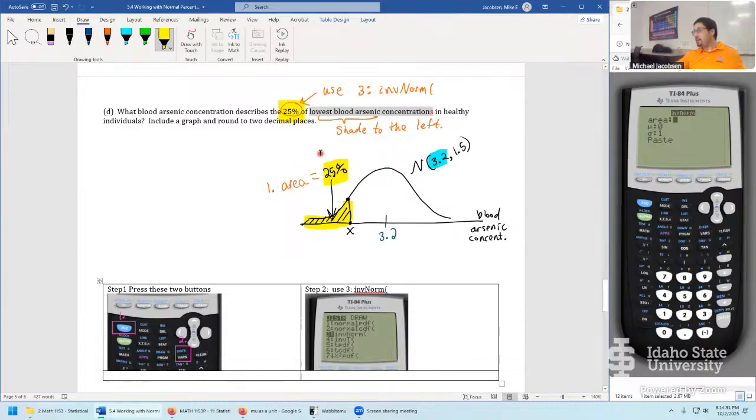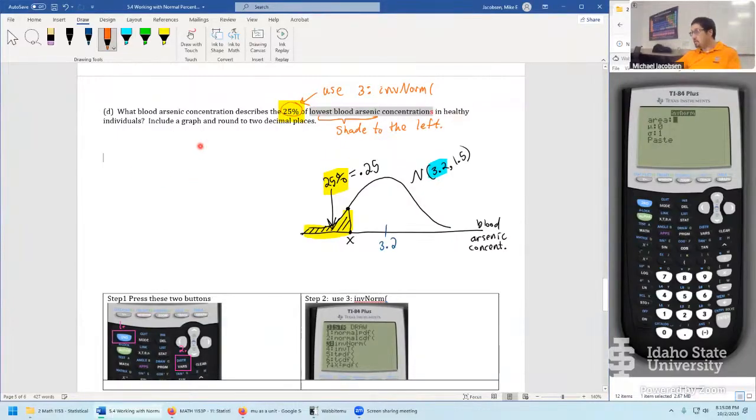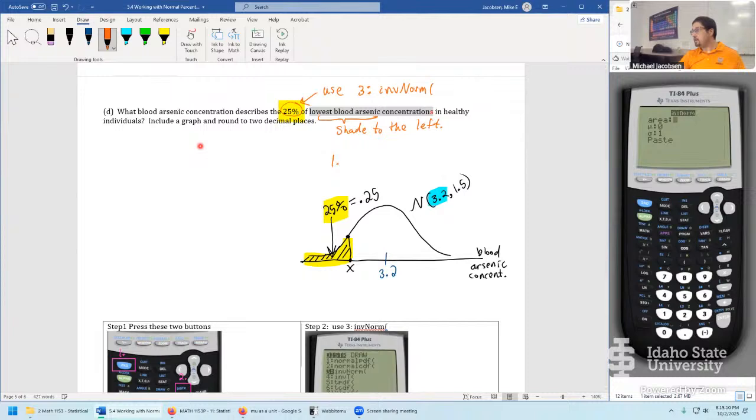So another thing that's weird here, that area has to be a decimal number, 0.25. So this is what actually goes into the calculator. Let me rewrite this number here. So input 1 for area as a decimal is that number there, 0.25.